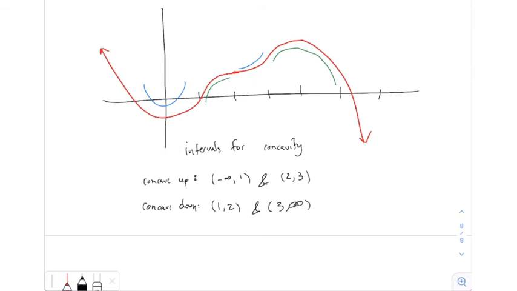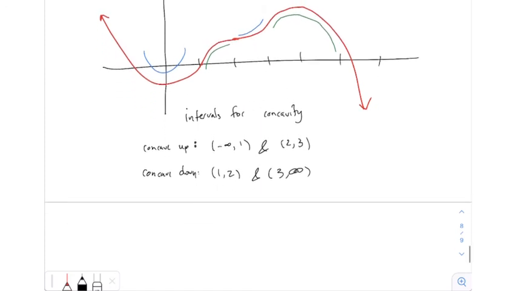I would like to contrast this with increasing versus decreasing. These are really two completely different concepts. Looking at this same example, note: what are the increasing and decreasing intervals? It's increasing everywhere it's going up. I guess from here all the way to there, it's increasing, right?